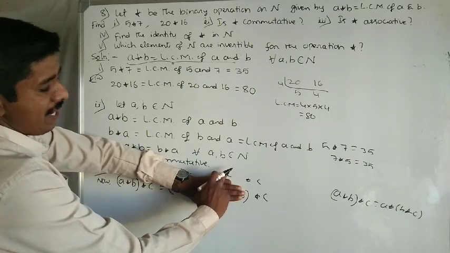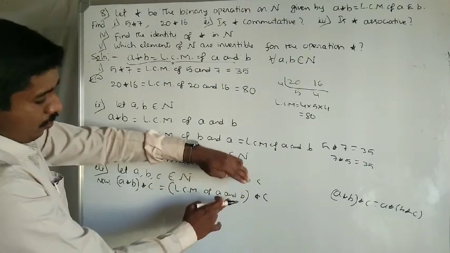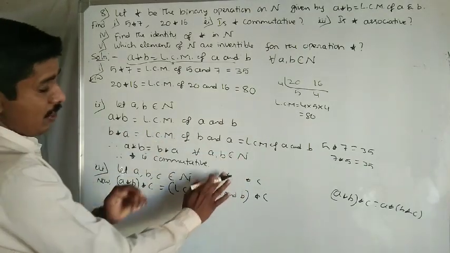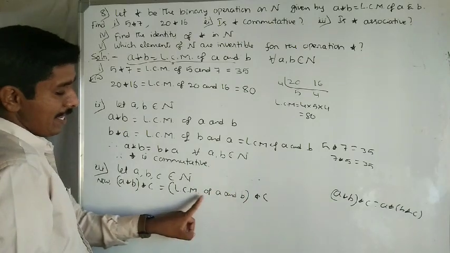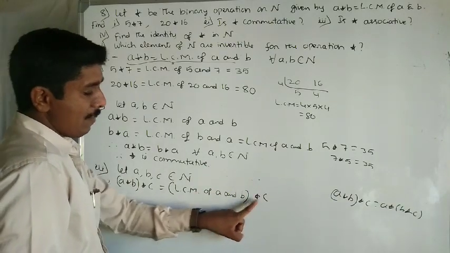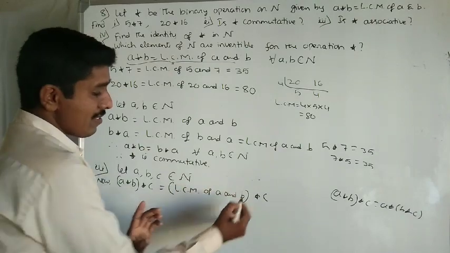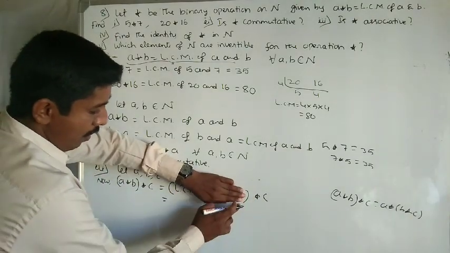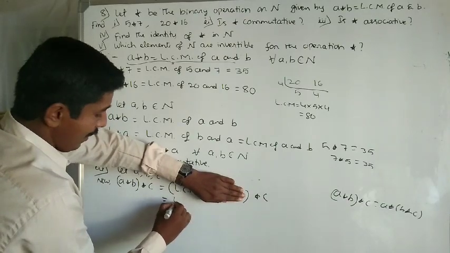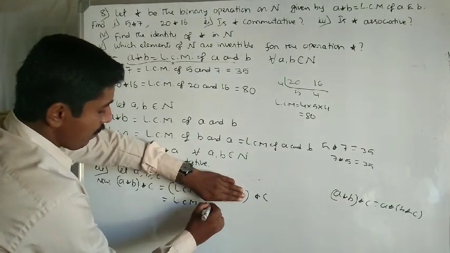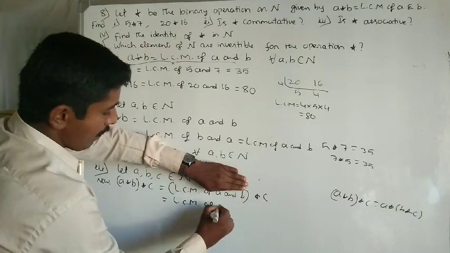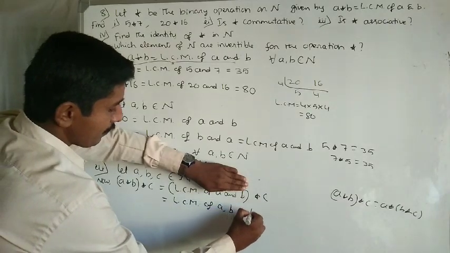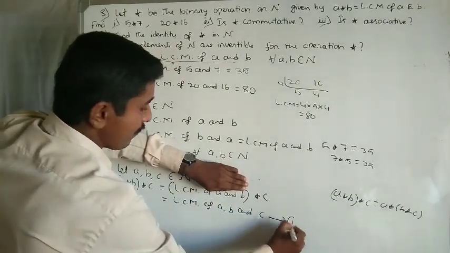The binary operation defined is LCM of X and C. Here X is LCM of A and B. So clearly this is nothing but LCM of the three elements A, B and C. Called equation 1.